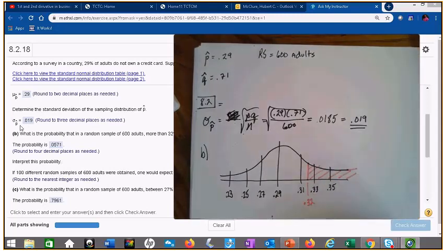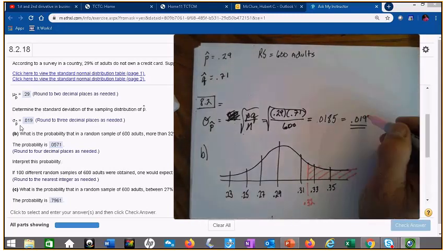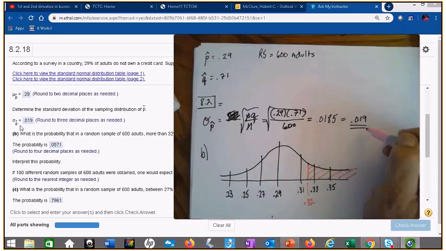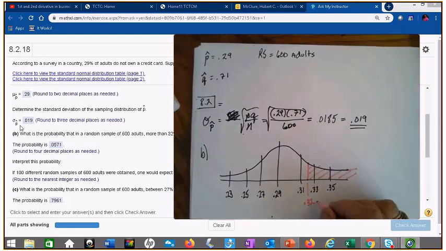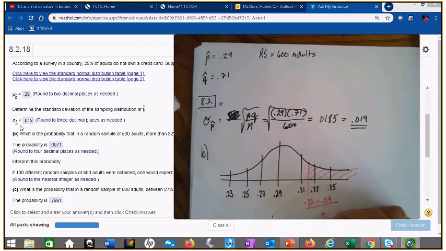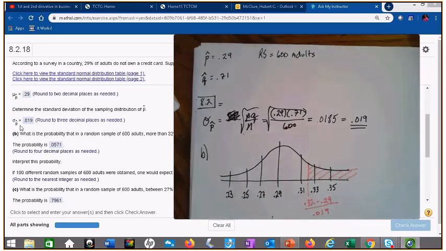So now you're going to use this for your sigma instead of your regular sigma. So that's going to be 0.32 minus 0.29 over 0.019. So I'm going to take my handy dandy calculator. Oh me, I have to unlock it.